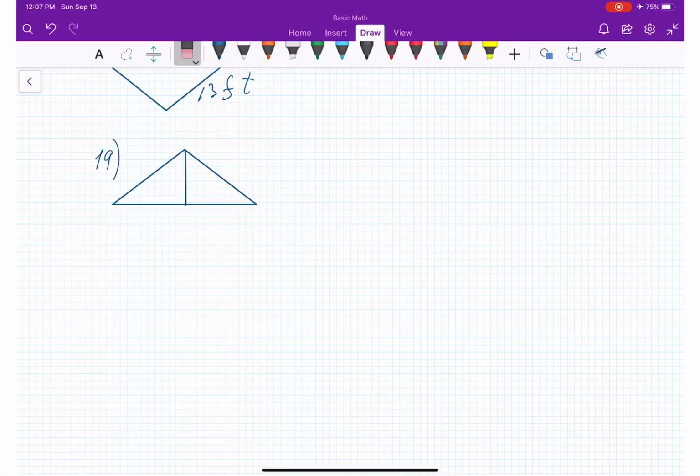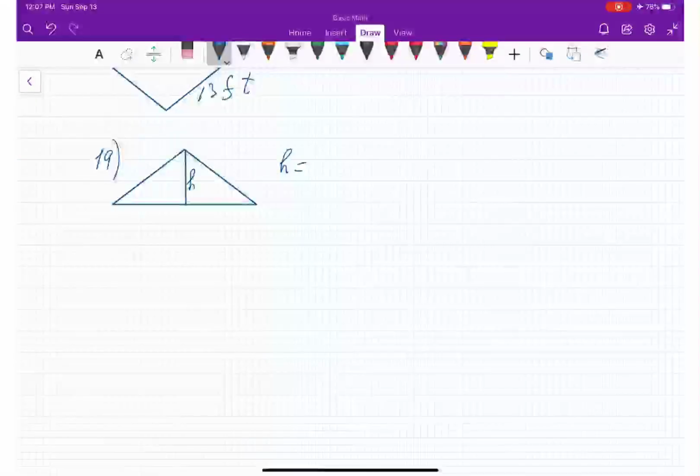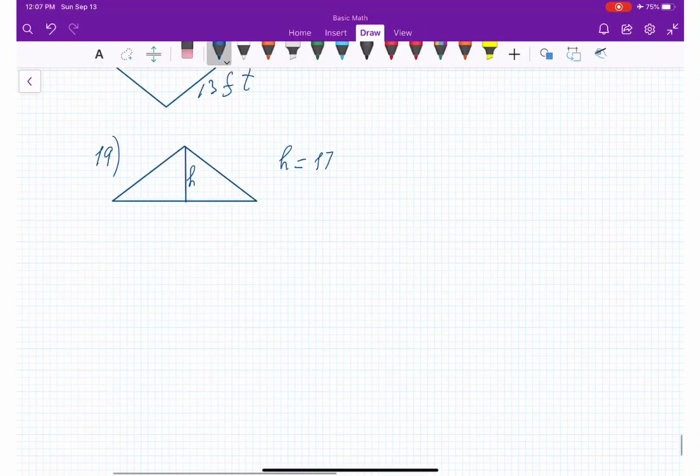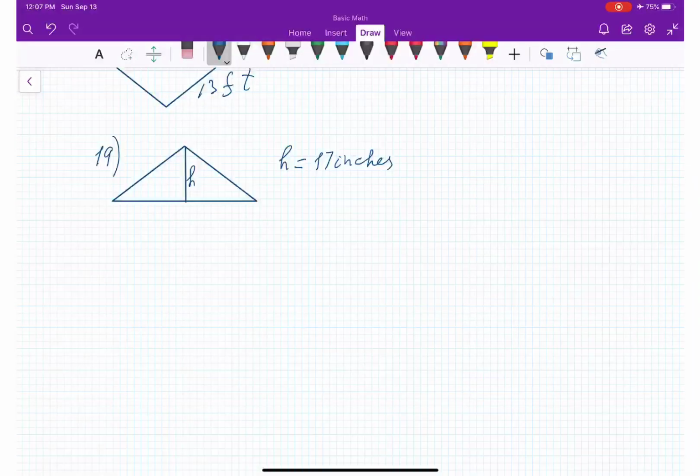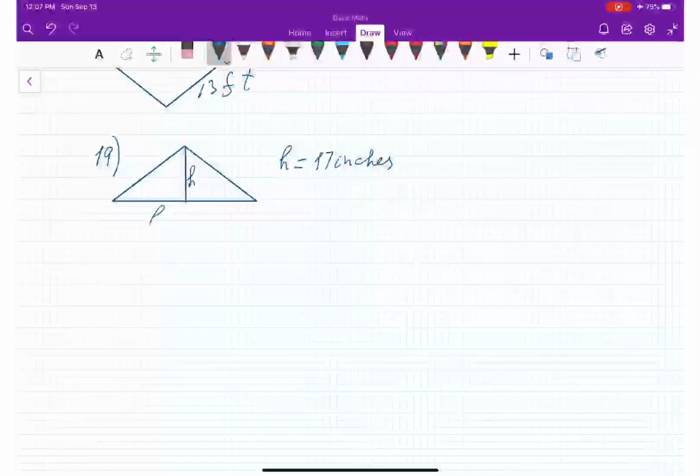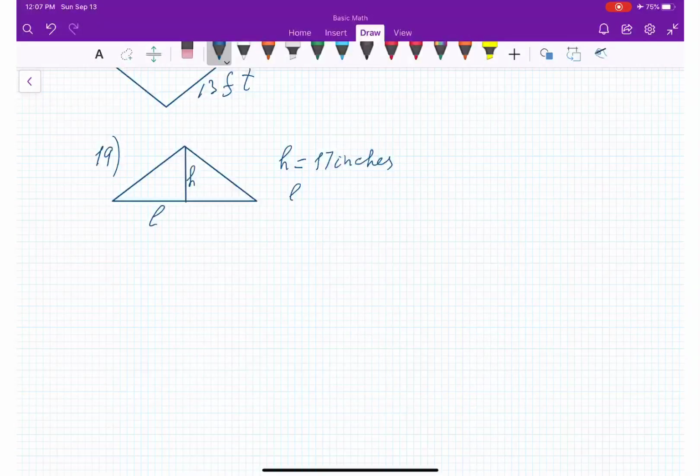So the height, this is height, is equal 17 inches. And the side length here, I can put L, is equal 20 inches.